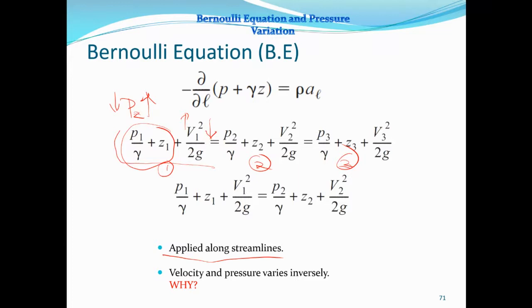That simply means that in a flow, when the velocity increases, the pressure has to drop. The piezometric pressure has to reduce. And when the piezometric pressure increases, the velocity has to reduce.